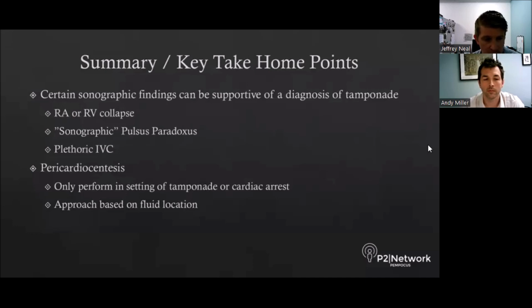Dr. Miller talked about pericardiocentesis and also discussed the importance of really performing this in the setting of true tamponade or cardiac arrest. If the patient has stable vital signs and is not in extremis, most likely this can wait until the patient is in an area such as the ICU, or interventional cardiology or radiology can assist with the procedure. The approach should be based on fluid location, either the subxiphoid or parasternal access view.